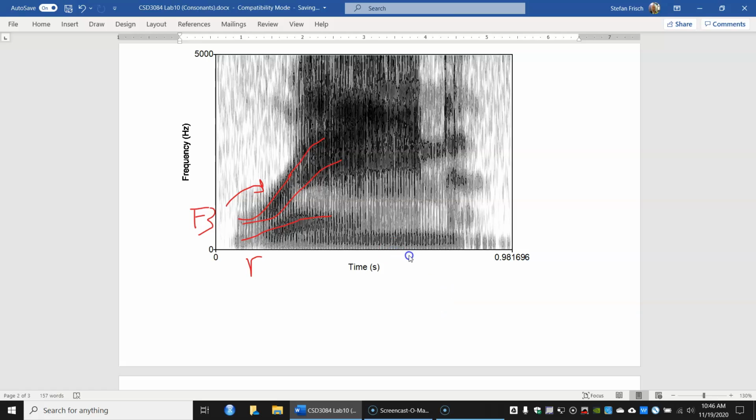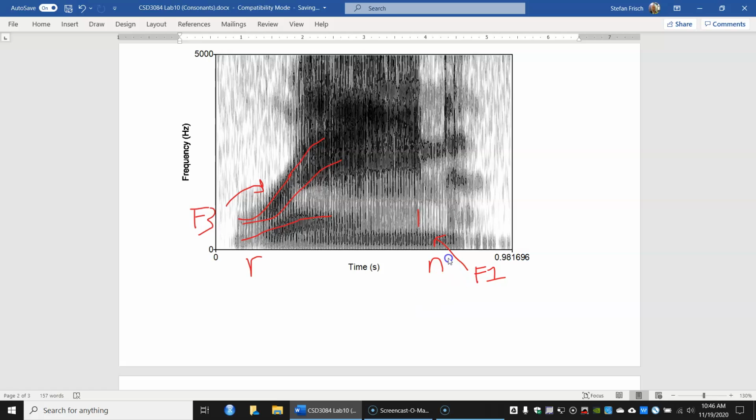So then at the end we should have a nasal n. Okay, that should have a very low F1 right on top of the voice bar. And then another characteristic that happens with nasals is the F1 for the vowel is in here, but it pretty much disappears as soon as you get into the nasal.